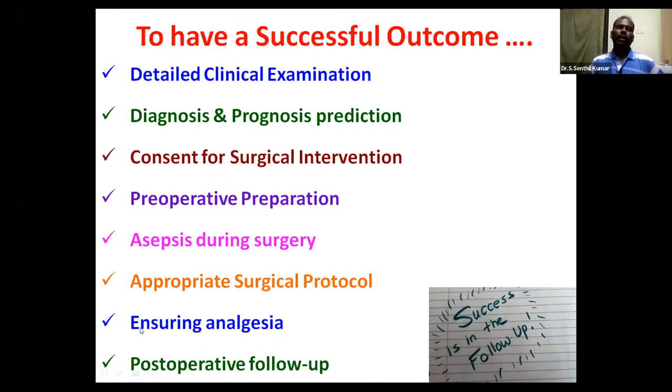And ensuring analgesia: pain management has to be given due importance, and preemptive analgesia should be employed in all cases which are subjected to a painful or potentially painful intervention. And post-operative follow-up is a must. Antibiotic coverage and wound dressing will definitely give a successful outcome.